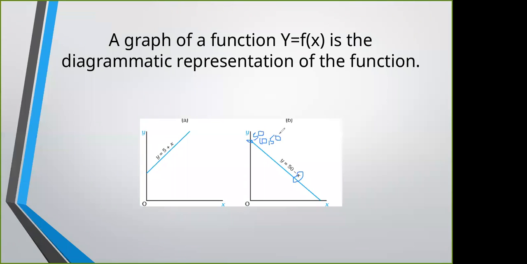Okay, now suppose we have increased the value of x to 10. Now what will be the value of y? You tell me. So 40. Very good. So if x is 10, y will be 40.